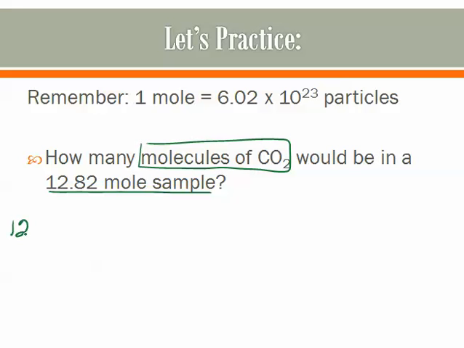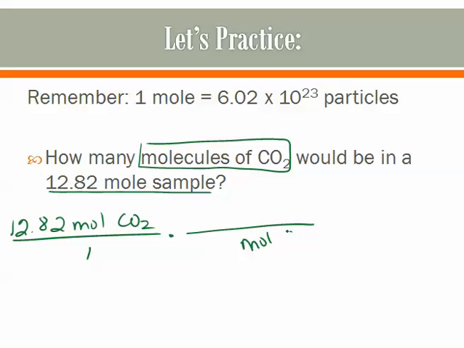So starting off with our 12.82 moles of CO2, put our given over 1, and then we multiply by our conversion factor. Units that we have, moles, goes in the denominator. Units that we want, molecules, goes in the numerator. 1 goes with moles, and 6.02 times 10 to the power of 23 goes with molecules. Double checking units, moles cancels, leaving us with molecules, which is what we want.